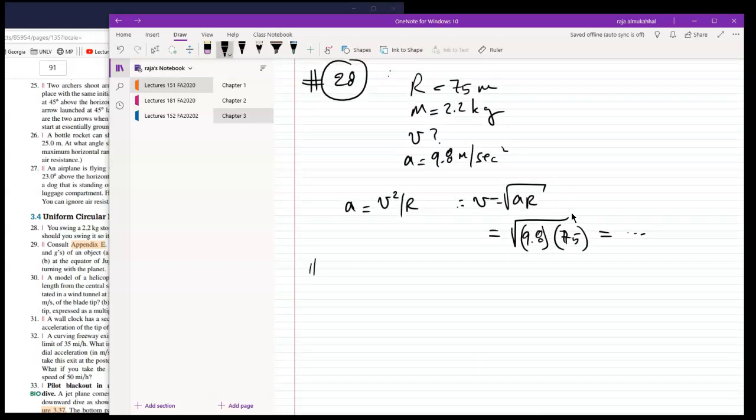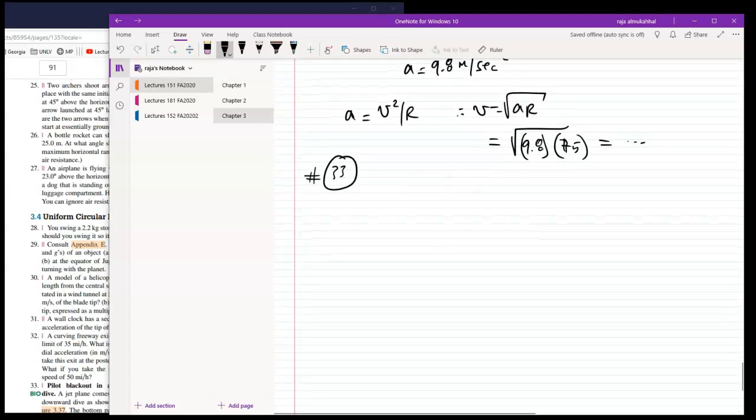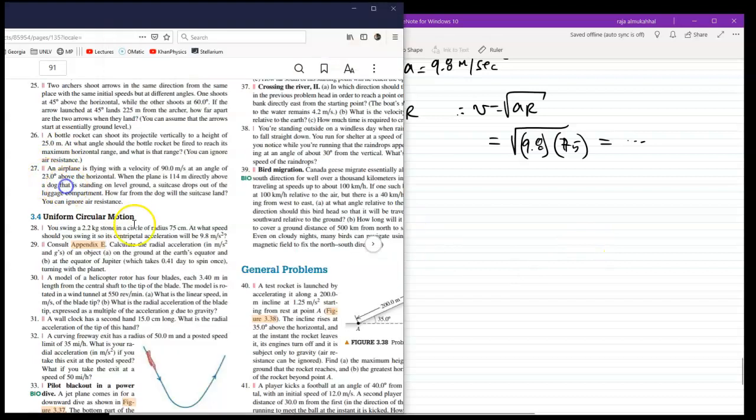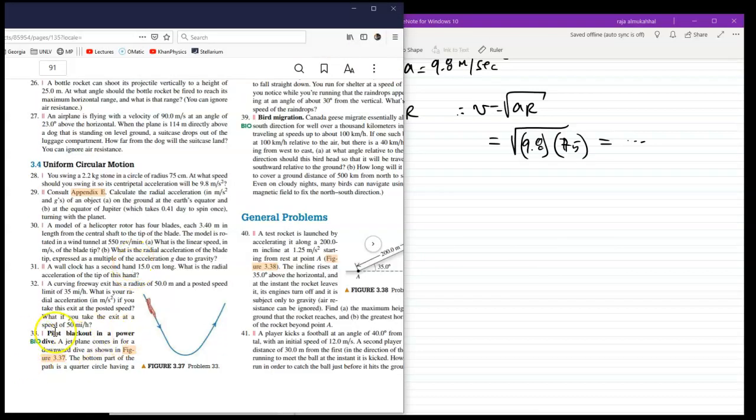Simple. Number 33. This one is kind of interesting. I like it. I've done it before. You find it in just about any physics book. People like it, I guess. It's called the pilot blackout in a power dive. Okay, so here is the diagram. So you have this jet plane right here, and it's going in a nosedive down and then up like that.